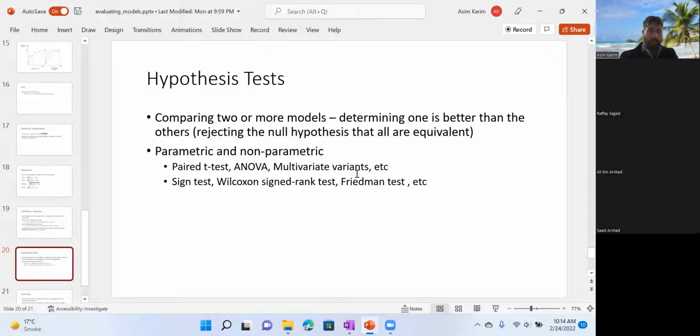As I said, bootstrapping is a way of non-parametric sampling, and typically non-parametric statistical tests are used in machine learning as well as in NLP. In the older days, parametric were more popular, but nowadays non-parametric are more popular. Among the non-parametric ones, you have tests like the sign test, the Friedman test, the Wilcoxon test and so on. You can look these up and get a better idea of how these are applied in practice.